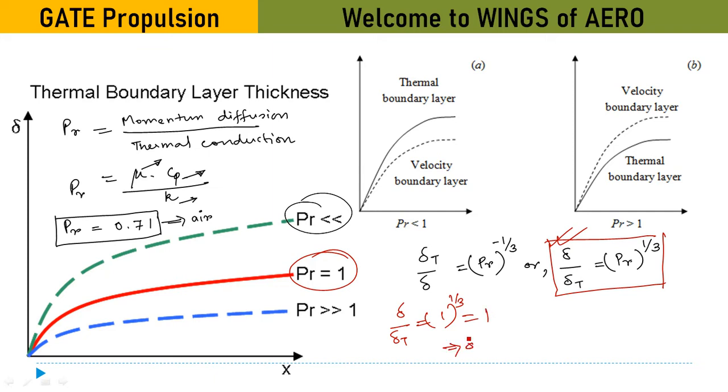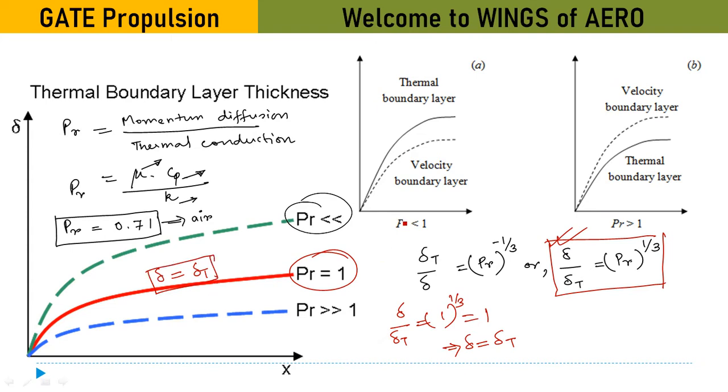That means when the Prandtl number is 1, the laminar boundary layer is going to be the same as the thermal boundary layer, right? This is a condition. Now next condition, when the Prandtl number is very less than 1, right? Now again let's substitute in this formula.